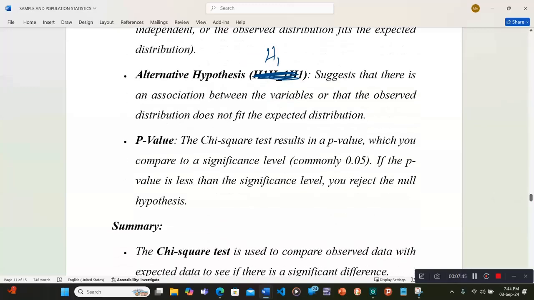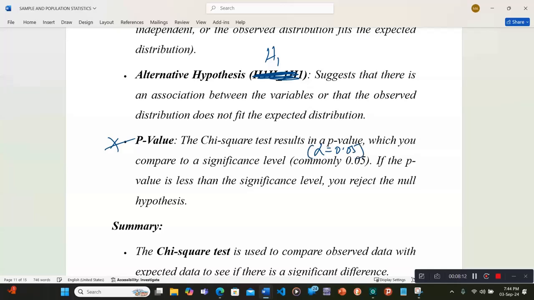Sometimes you also need to get the p-value for this chi-square test, as in other hypothesis testing. The chi-square test results in a p-value which you compare to a significance level, commonly alpha equal to 0.05.